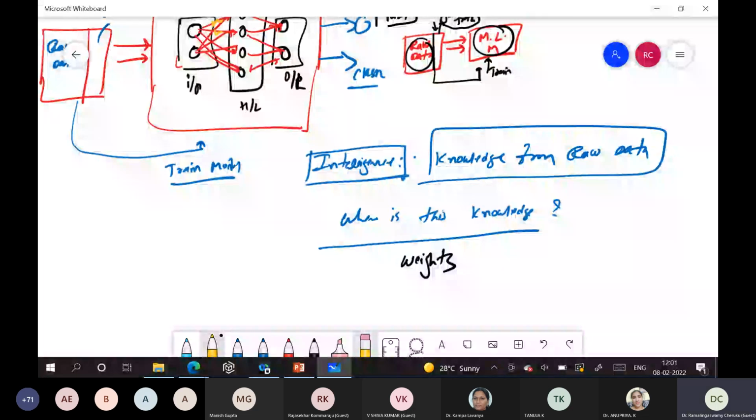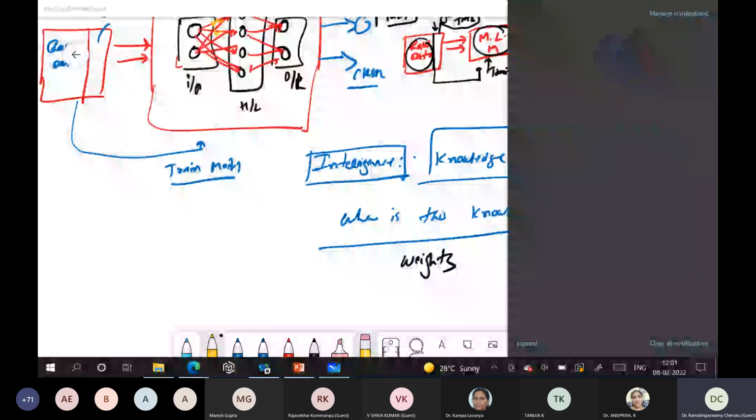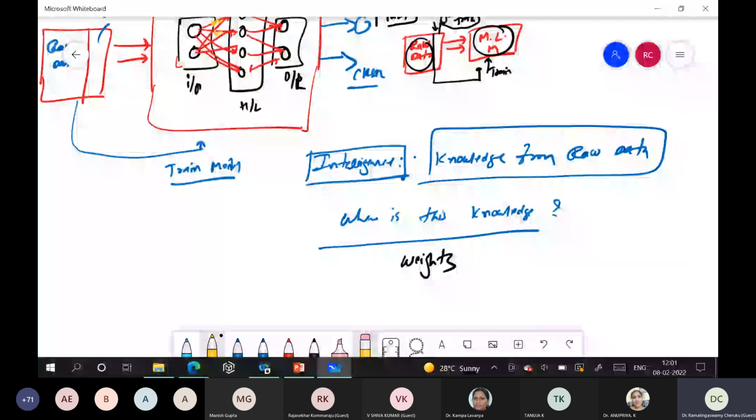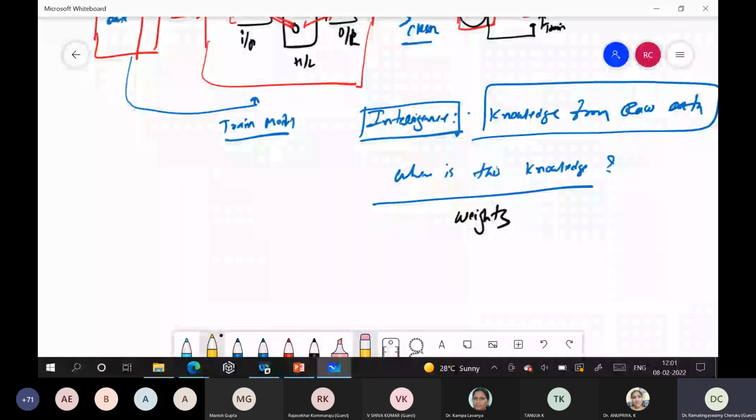The set of weight values for which your loss function, your error, is minimum is the perfect match, through the fine-tuning process. So the whole idea of training is adjusting the weights. Training the model means adjusting the weights. These weights represent your knowledge.